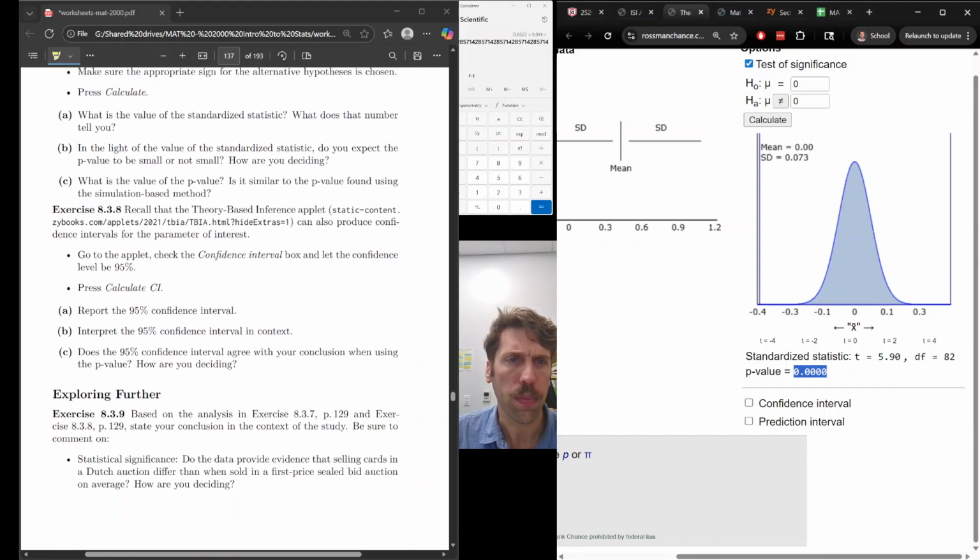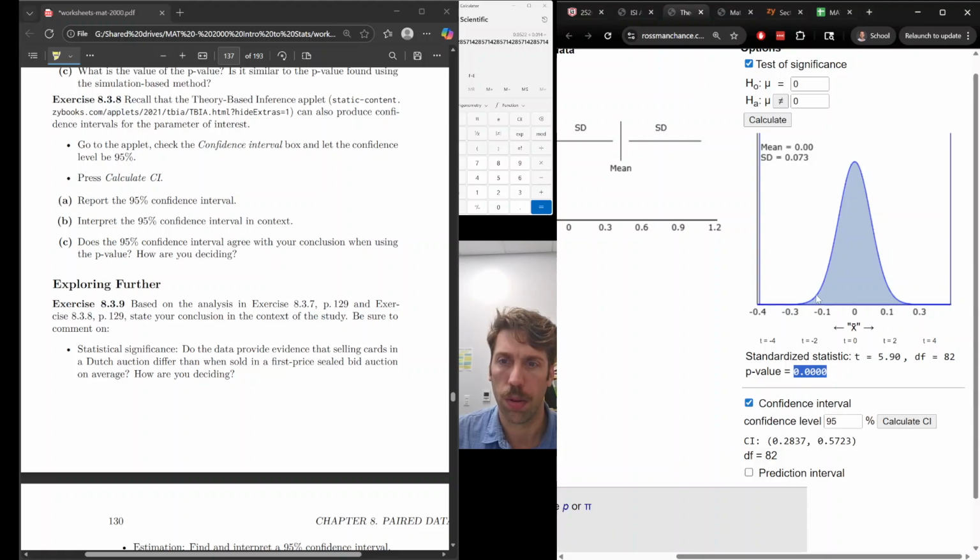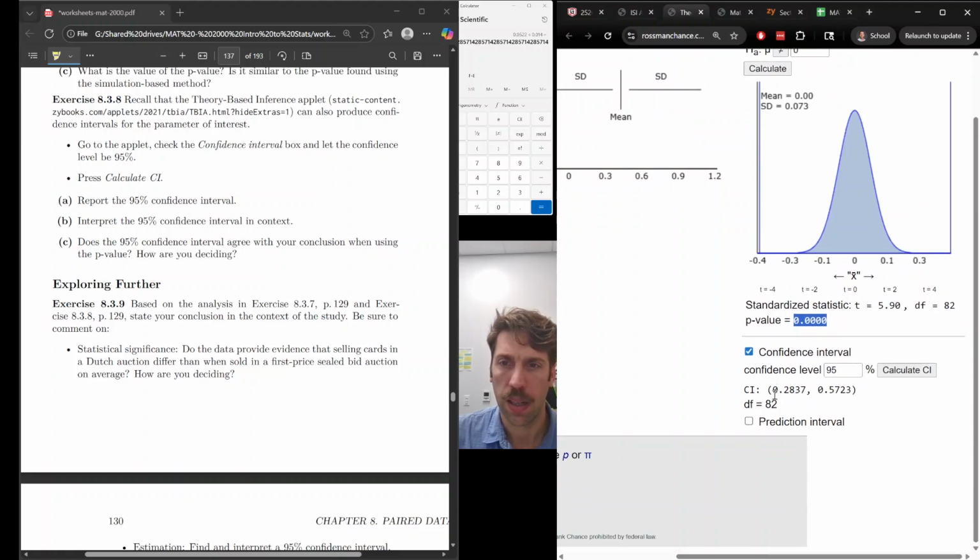Okay, number 8. Recall that the theory-based inference applet can also produce confidence intervals for the parameter of interest. So go to the applet, check confidence interval. Okay. So report the 95% confidence interval. Mine is this, and remember that I deleted a couple things, so it's different from yours. I would report those numbers.